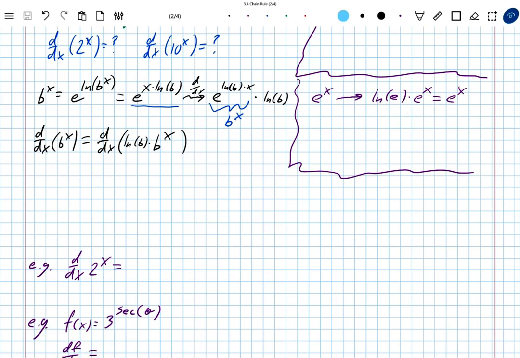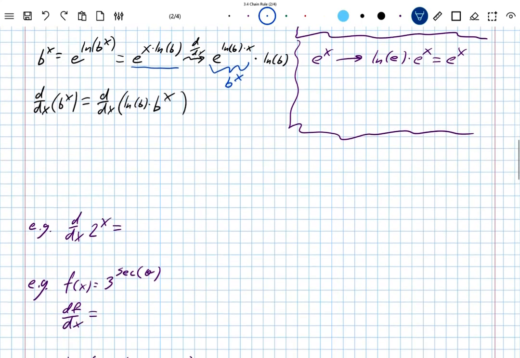We just weren't sure what to do with other bases. Like, what constant should we be multiplying it by? And this is the constant, natural log of b, whatever that base is. Super neat. Also, another reason why natural logs and e's are really important. You might have seen them as totally mysterious before this point, but they are intrinsic to how calculus works.